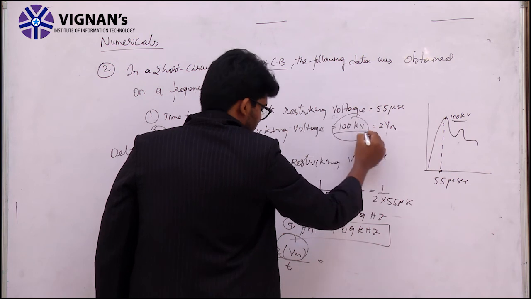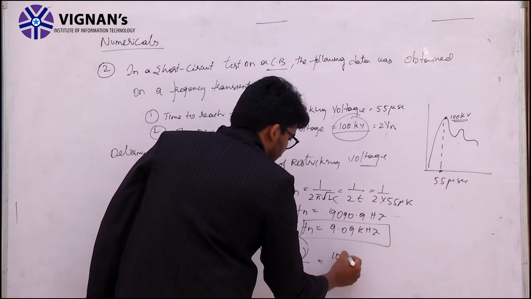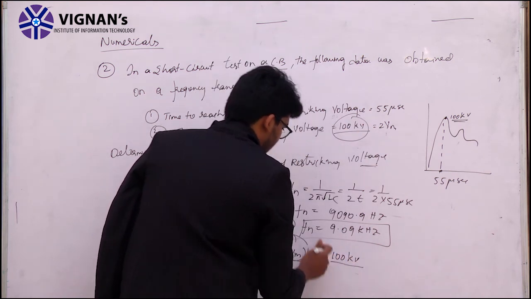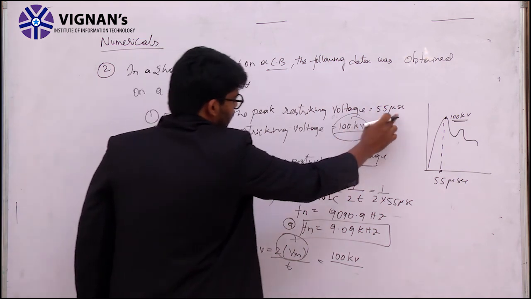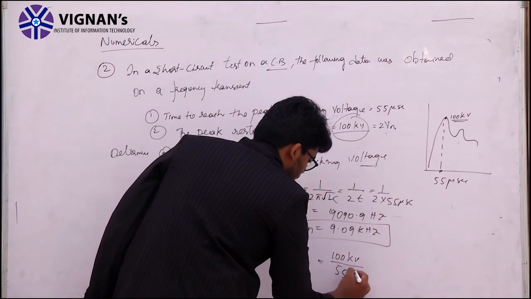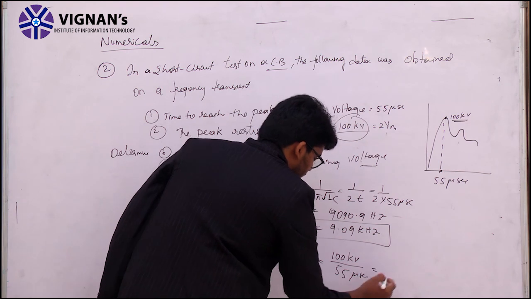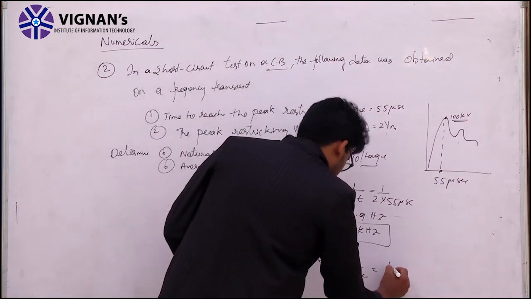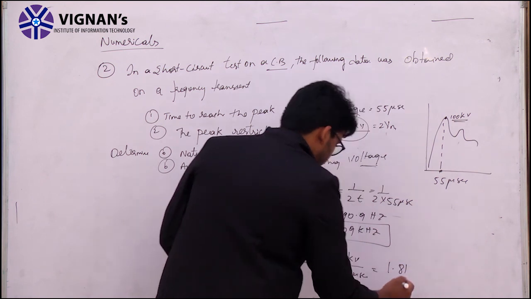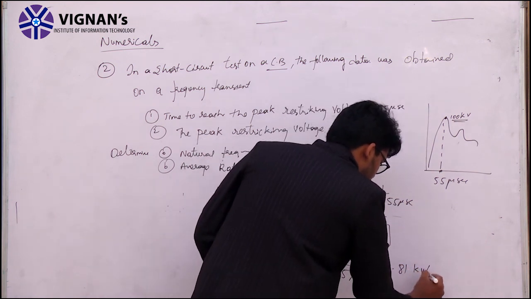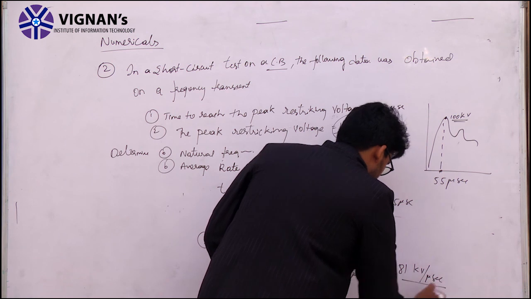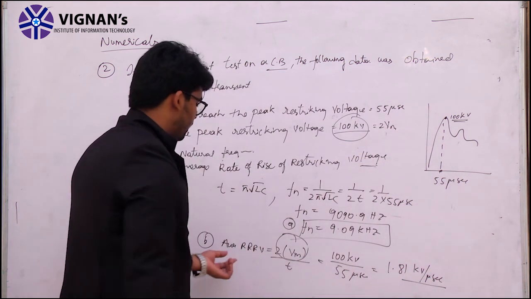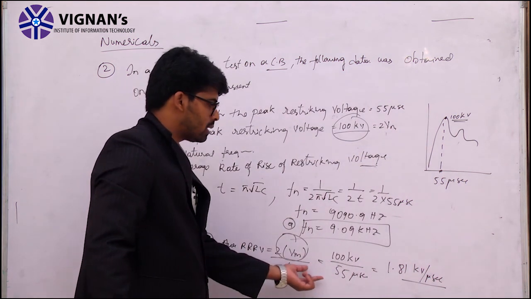So simply substitute this value: 100 kV divided by 55 microseconds. After solving this, we get 1.81 kilovolts per microsecond. This is the average rate of rise of restriking voltage for this system.